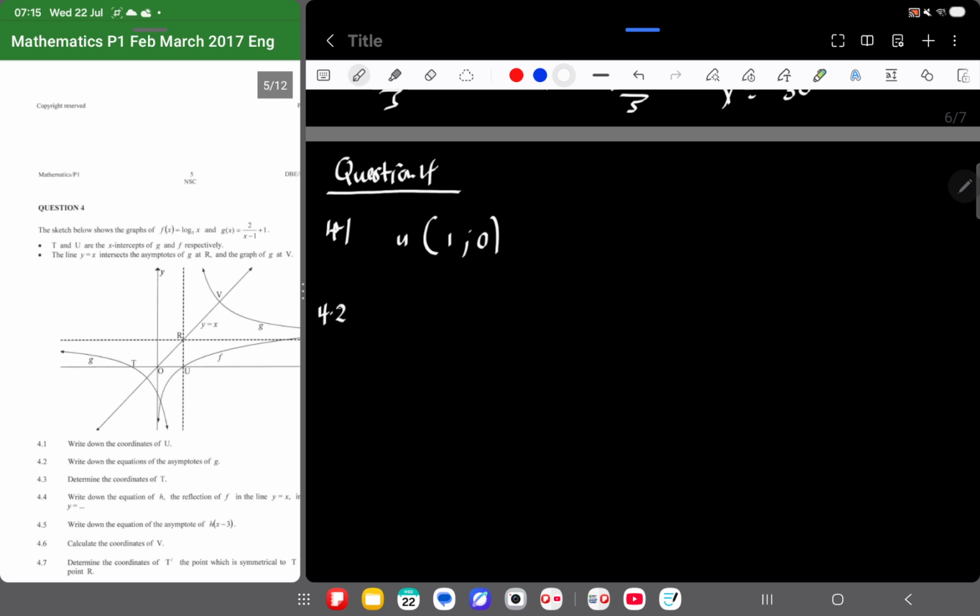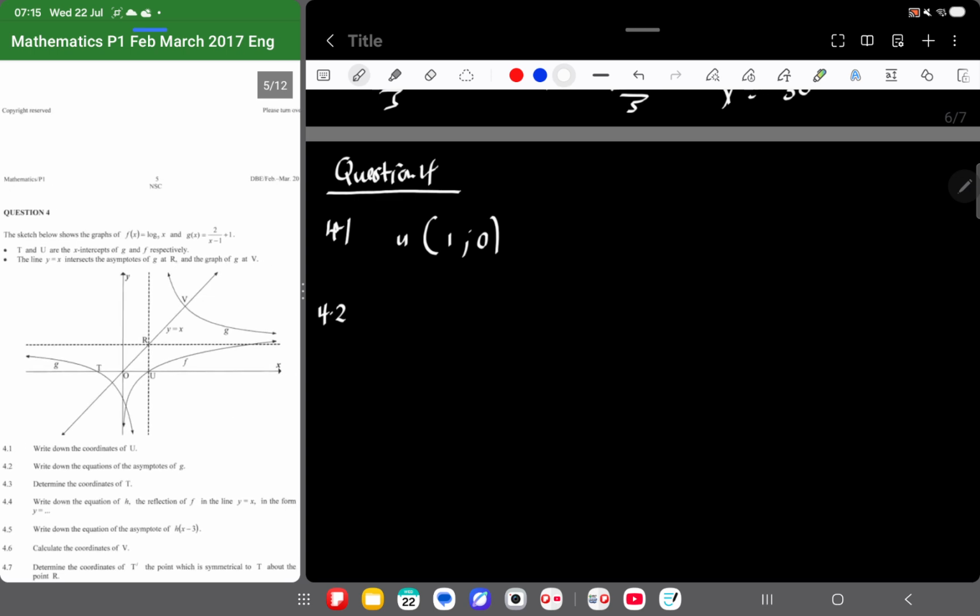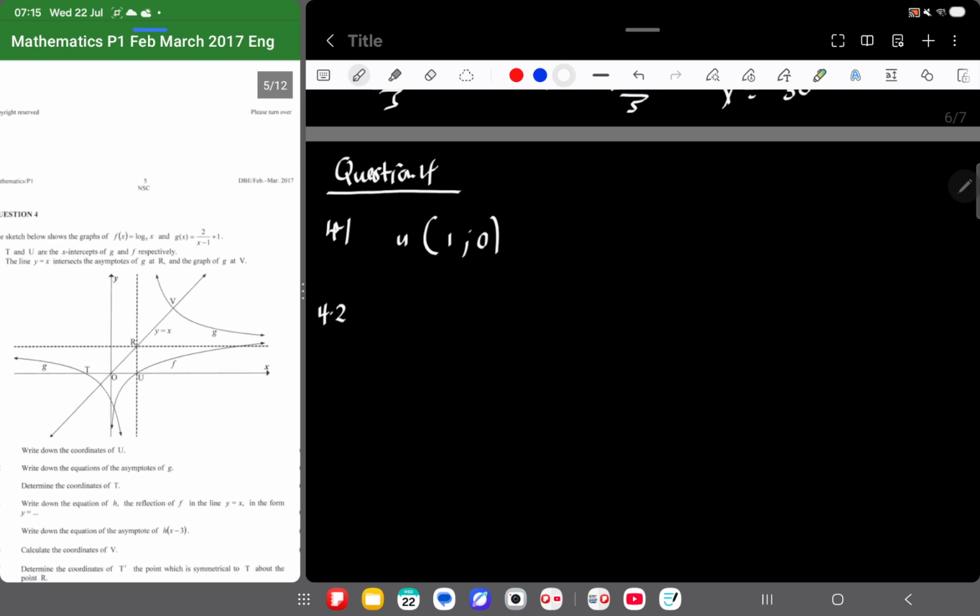4.2. Write down the equations of the asymptotes of g. As I said, the first one is x = 1 and y = 1 again.